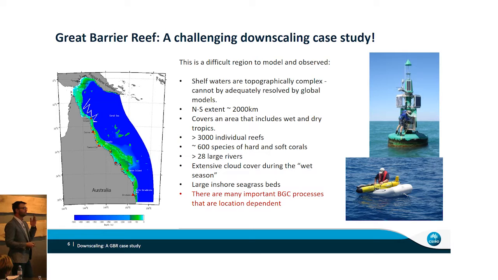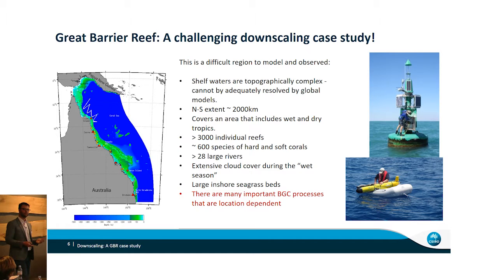So in terms of actually using the GBR as a case study, it's a very tricky area to model in that we have a north-south extent of around 2,000 kilometres, so it's a very large area, and we've got very significant inshore tidal zones. And within this area, there's perhaps only 16 or 17 regularly monitored in situ stations.